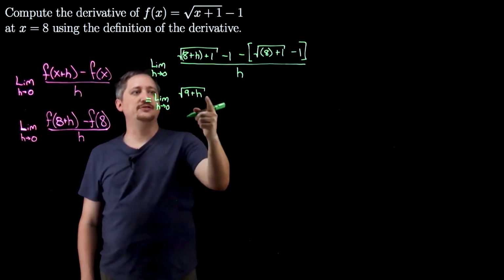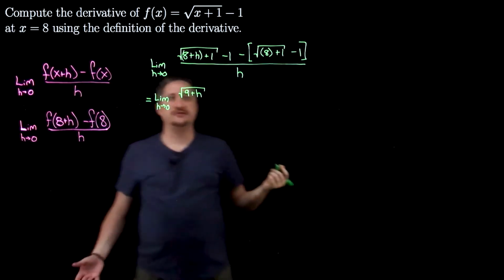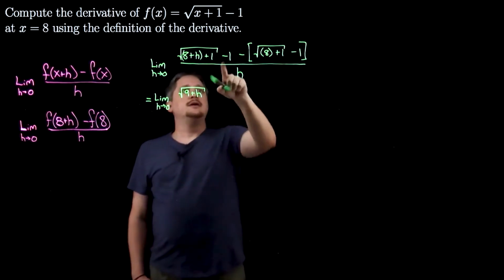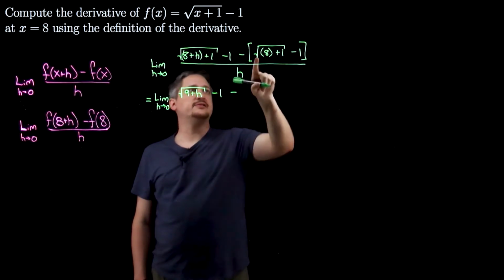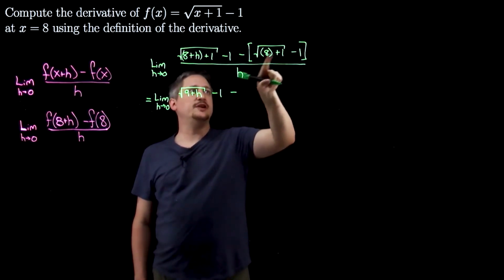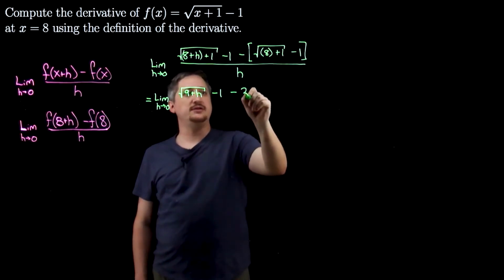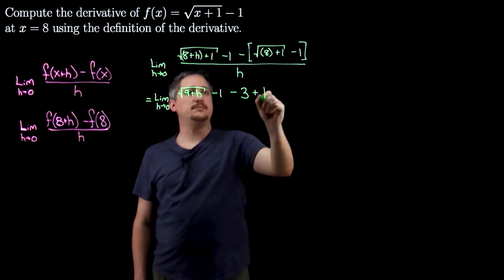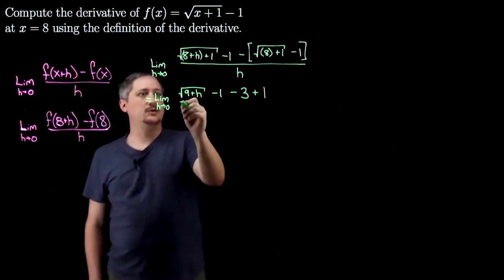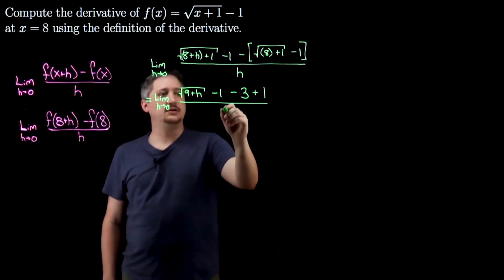Remember, I can't split the square root over a plus, so there's nothing I can do there. Then I'm going to have minus 1 minus the square root of 8 plus 1, which I can put together. That's the square root of 9, which is 3. And then minus a minus 1 is plus 1, all over h.